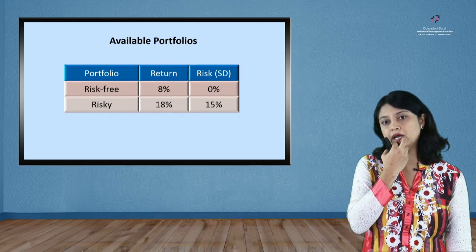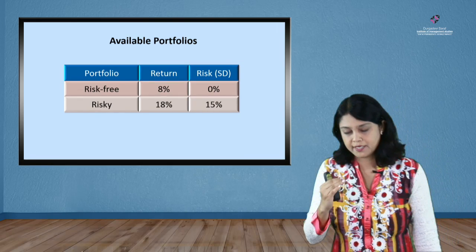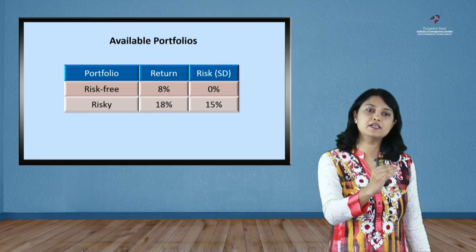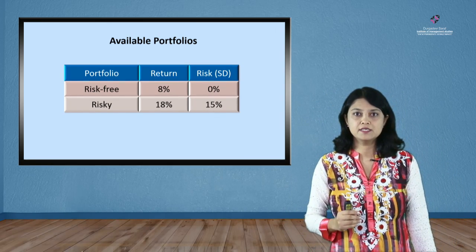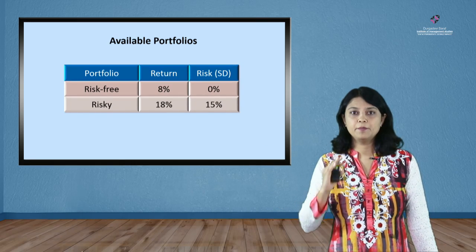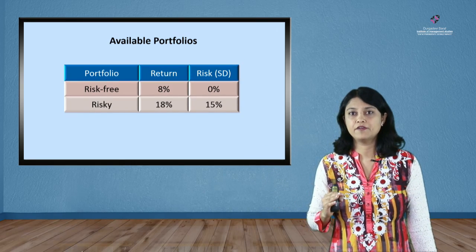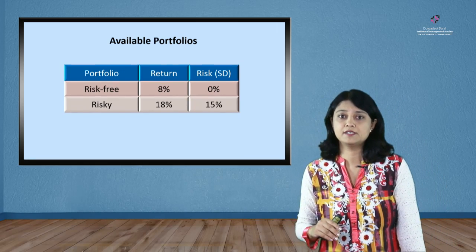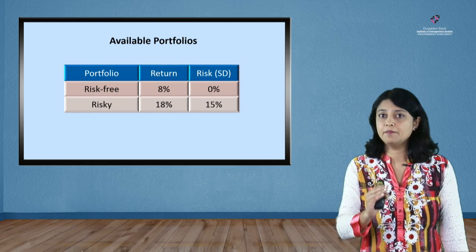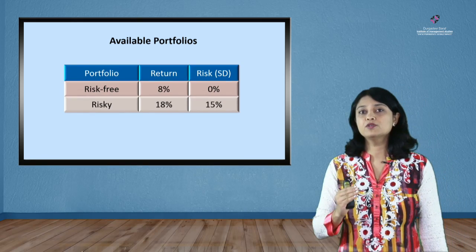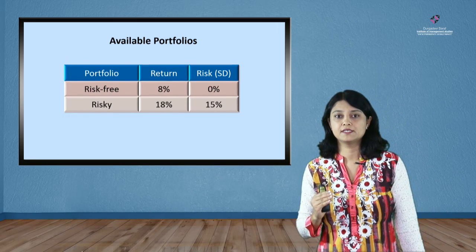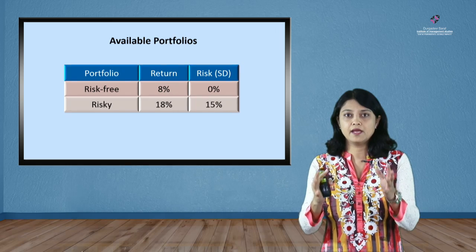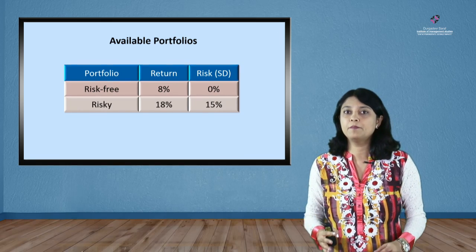So, I have here taken two hypothetical portfolios, where in the first portfolio, as you can see on this screen, the risk-free portfolio is having a return of 8% and being risk-free, its risk is 0%. By the way, we are measuring this risk by using standard deviation of returns. Return is what you get over some holding period.